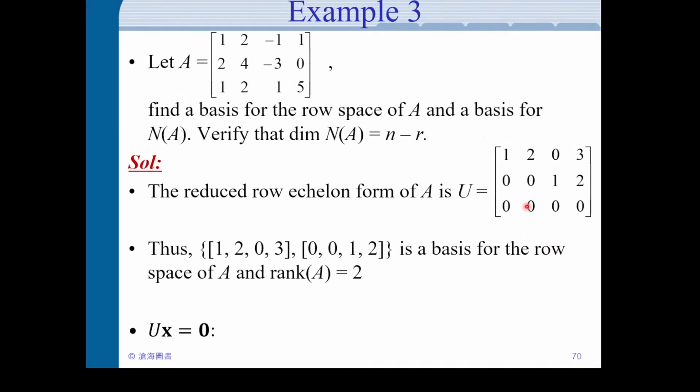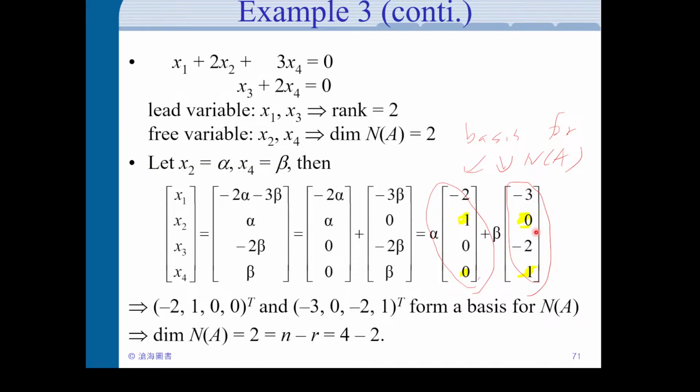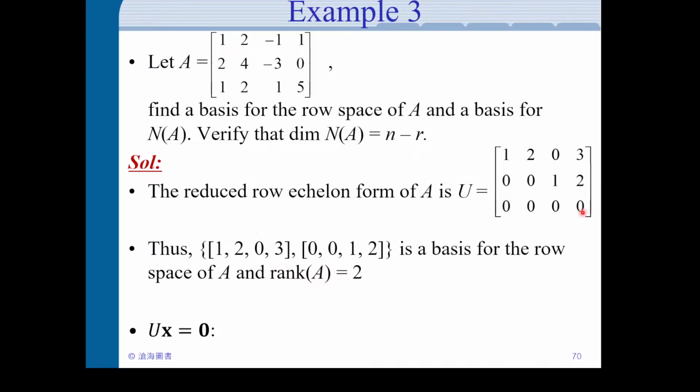You can also read this from here, although it's a bit harder. You can solve this equation, or if you try harder, you can think about the free variables here and how those two things relate to them.